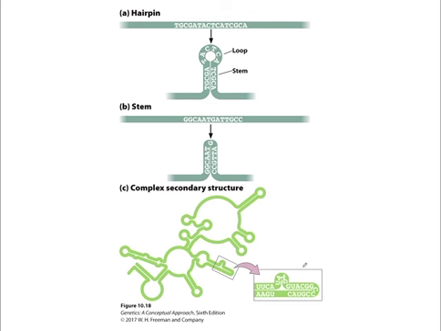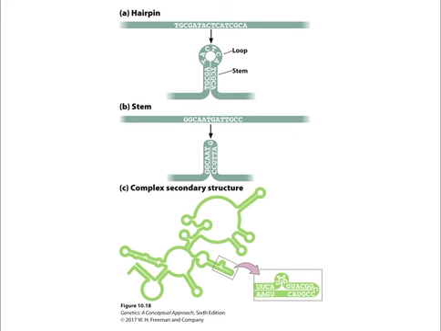A hairpin consists of a region of paired bases, which forms a stem, and a region of unpaired bases between complementary sequences, which forms a loop at the end of the stem. In B there, you can see a stem with no loop, and in A, you can see a stem with a loop, okay? In C, you see the secondary structure of the RNA component of RNase P of E. coli. The RNA molecules often have complex secondary structure.